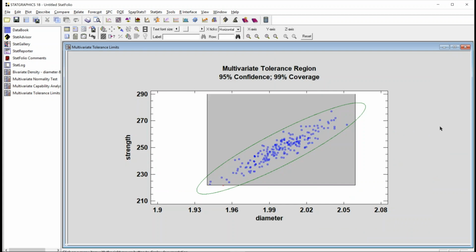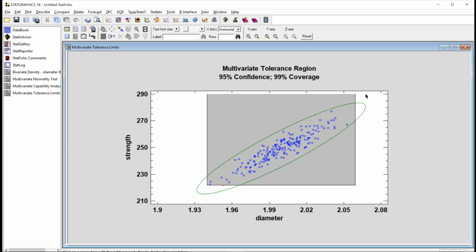I've also graphed in the upper right corner both the Bonferroni tolerance limits and the exact elliptical tolerance limits.